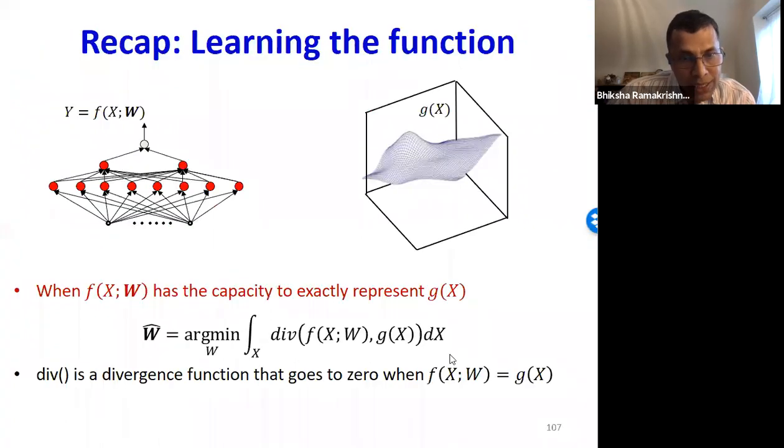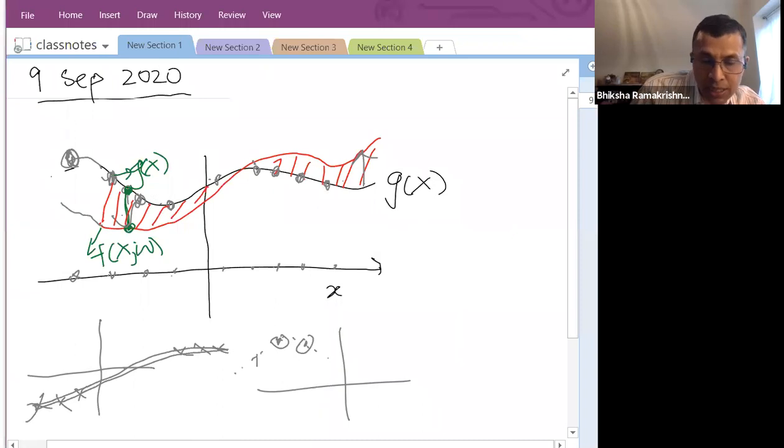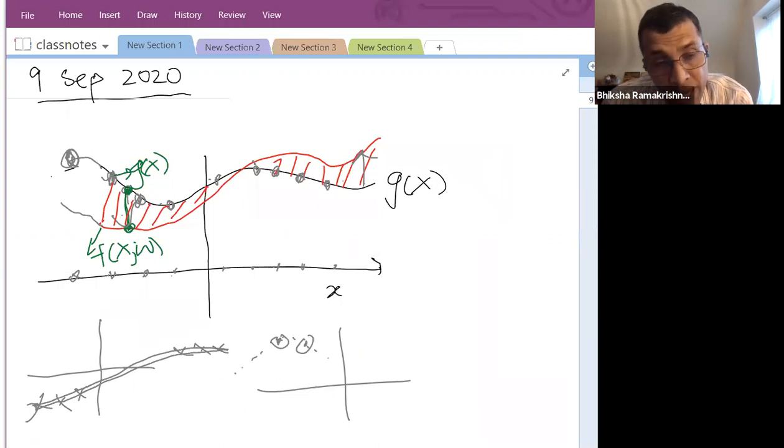We would like to minimize the integral of this divergence over all of the inputs. Now, one of the things that happens is that the network is an approximator, but it's not guaranteed to give you a perfect replica of the function that you want.